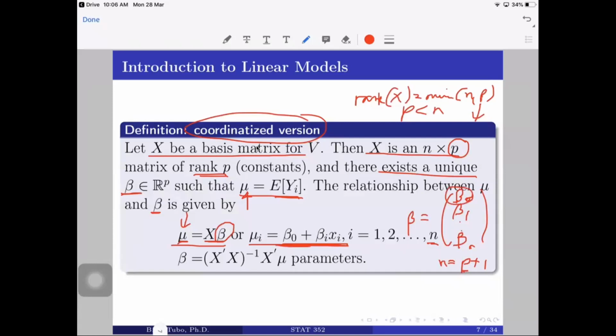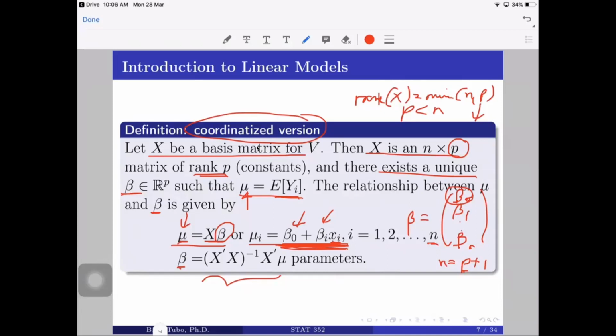So it is a linear function. Your mu_i is a linear function of some parameters here and your explanatory variable x. So this beta is actually computed in this manner: (X'X) inverse X' mu.